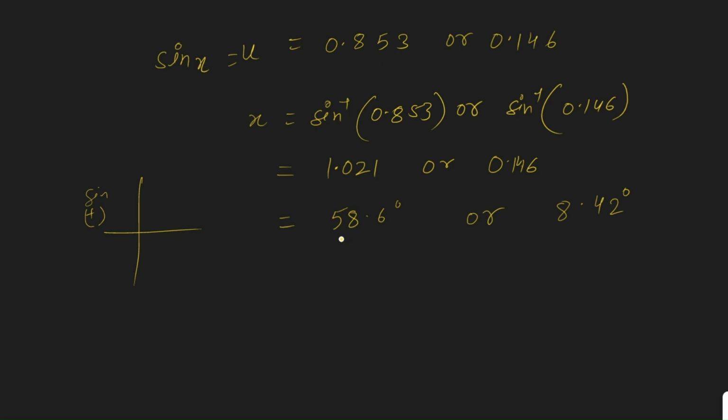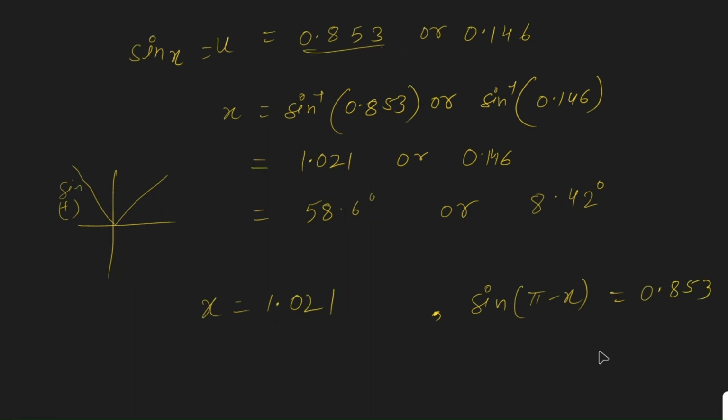Now for this 58.6, it will be somewhere in the second quadrant also where the value repeats. If we take this value 1.021, we'll get the same value at pi minus x. So we can write this as sine of pi minus x, and we'll get the same result, which is 0.853.